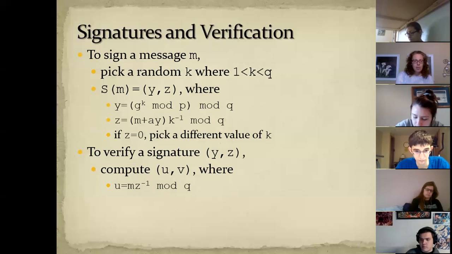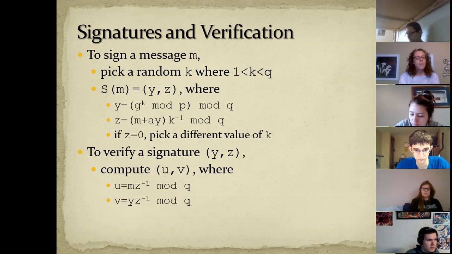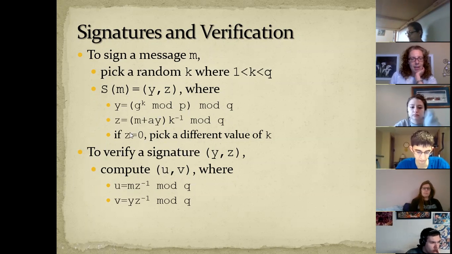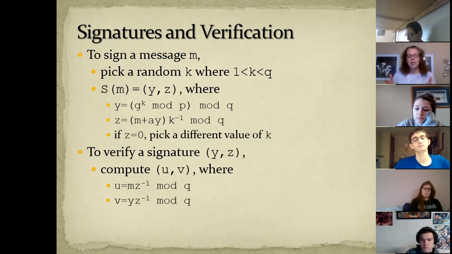We've got an inverse there, so we have to be really careful about why that exists. We'll talk about that in just a sec. So U is going to be M times Z inverse mod Q, and V is going to be Y times Z inverse mod Q. Notice that back up here, we said that if Z equals 0, we were going to pick a different value of Z. And Z is also being computed mod Q, so therefore Z is between 1 and Q minus 1.